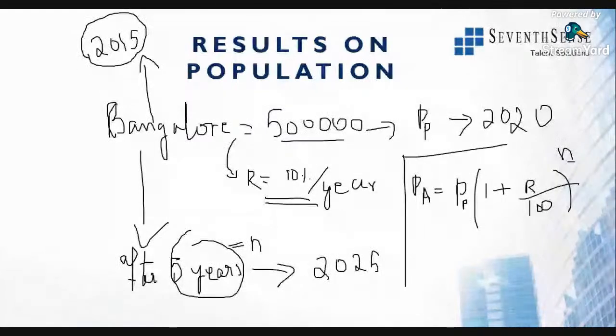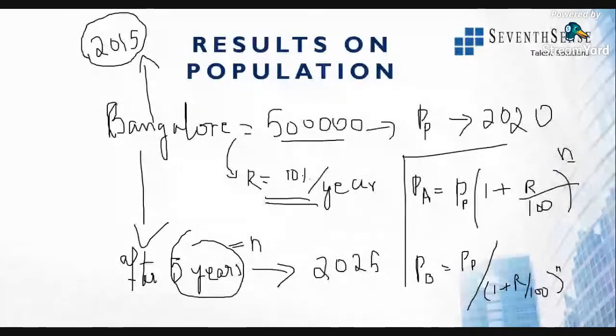Population before n years is the present population divided by 1 plus R by 100 whole power n.